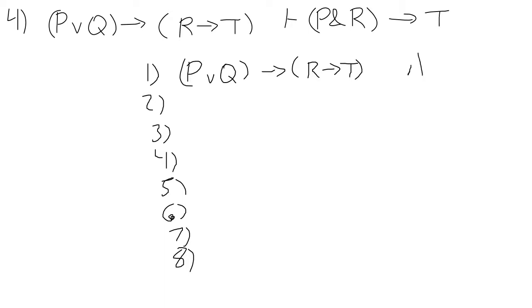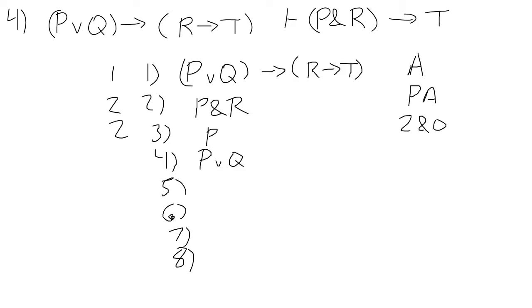and our conclusion is a conditional statement. So we're going to assume the left-hand side and look to build the right-hand side. Here it's just T. Now, I'm going to remove the P here from 2, ampersand out, because I want to build this wedge to get my conditional statement out from line 1.